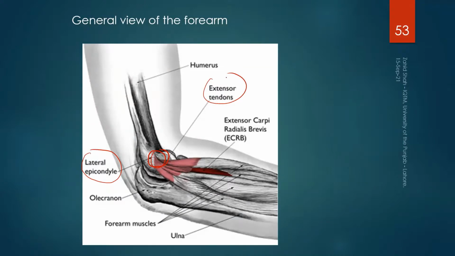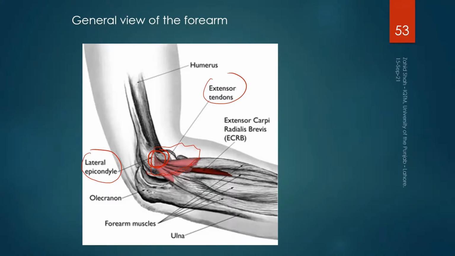So this is the point that is affected. This is the tendon as a whole. And you could see that there is a group of muscles attaching to this part, the outer part of the forearm. So as a whole, we are calling them extensor tendons.